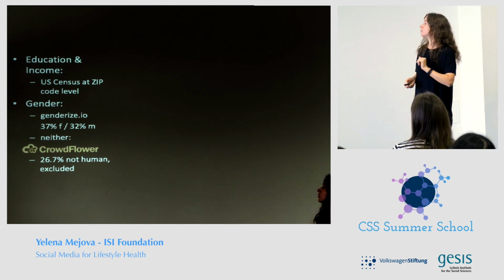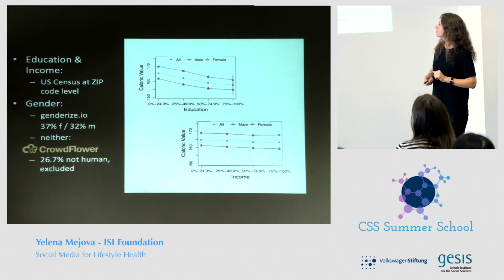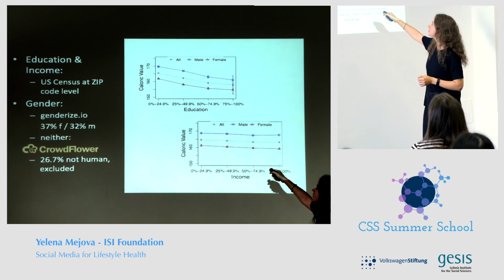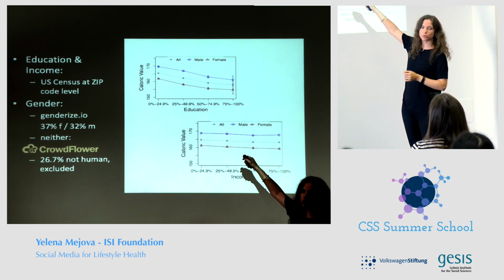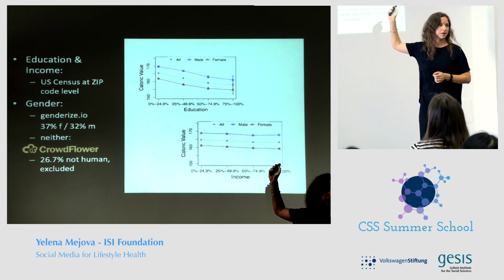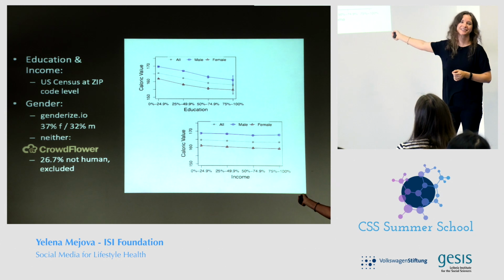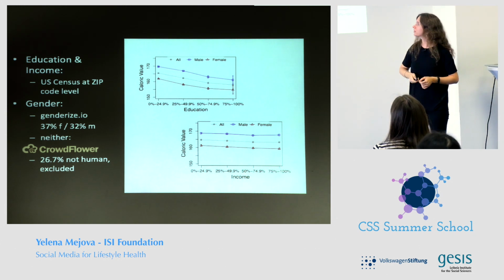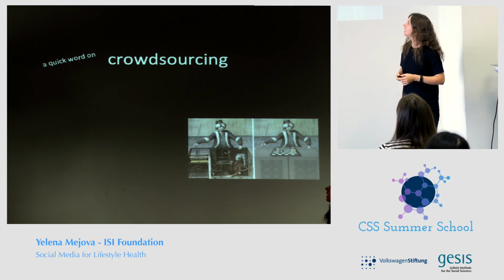It's not as easy as you think, but it's possible. And then we can do statistics like, well, as education level increases, the caloric value of what you tweet decreases. But it doesn't work with income. So it seems to be some kind of cultural thing over there. So it's fun stuff like that.